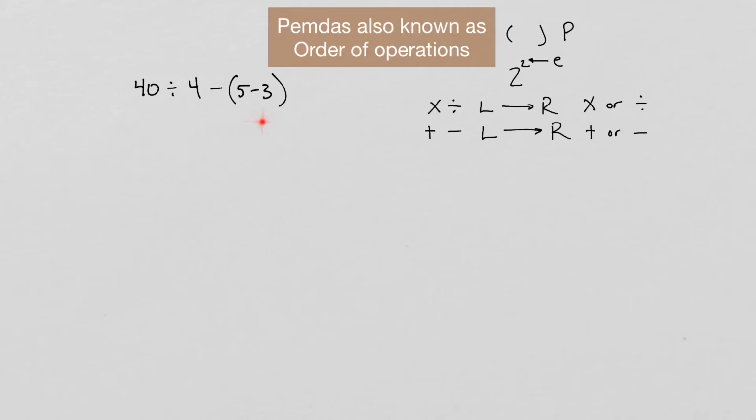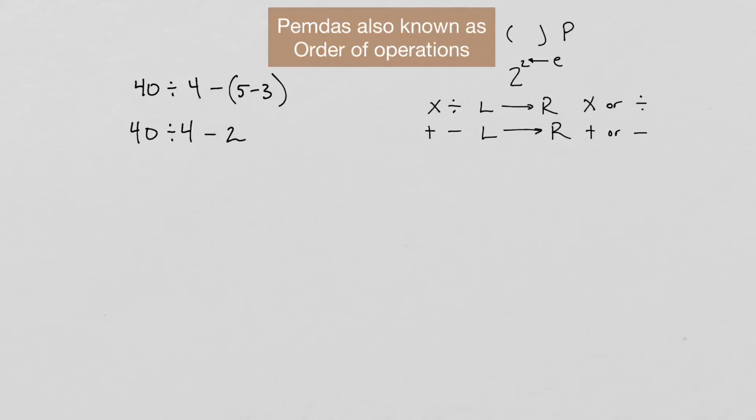Okay, scanning from left to right, we see parentheses. This is going to be the first thing we take care of. So we have 40 divided by (5 minus 3), and 5 minus 3 gives us 2. Once again, you could leave it in the parentheses, it doesn't really matter, since once you get a single number inside the parentheses, you don't really need them anymore.